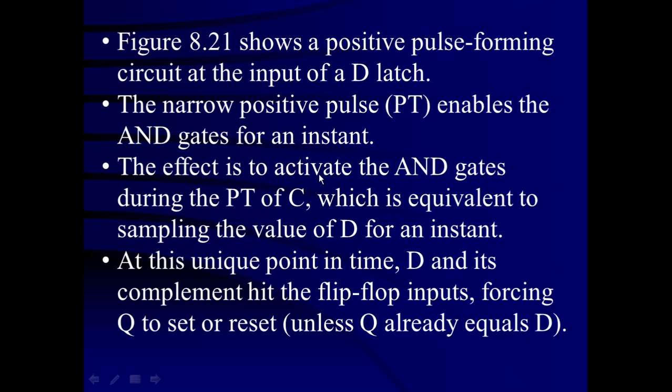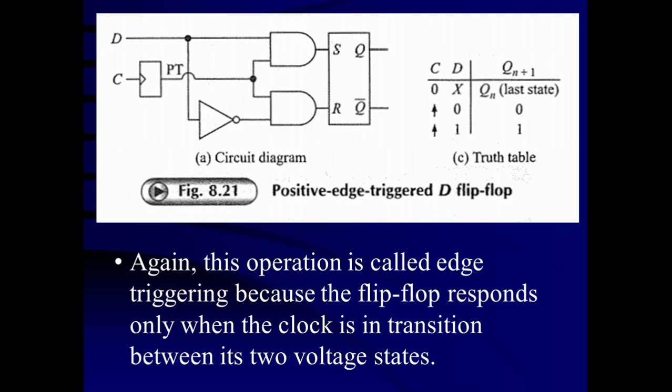The effect is to activate the AND gates during the positive transition of the clock, which is equivalent to sampling the value of D for an instant. At this unique point in time, D and its complement hit the flip-flop inputs, forcing Q to set or reset, unless Q already equals the value of D, which we can explain in this circuitry.